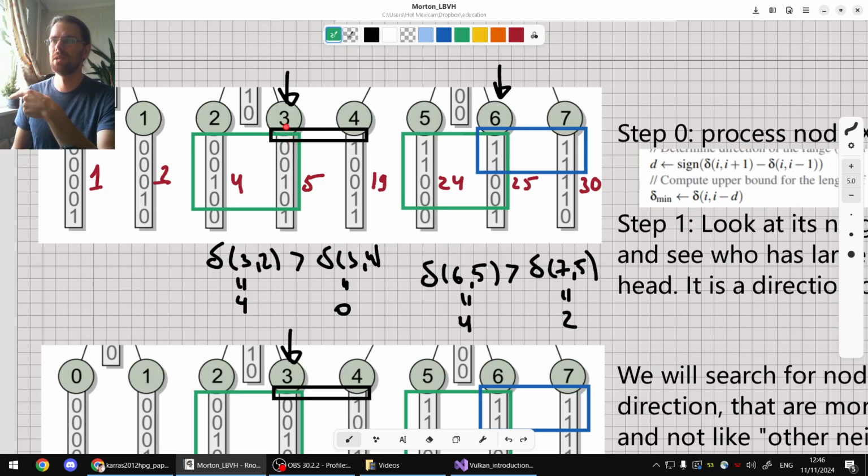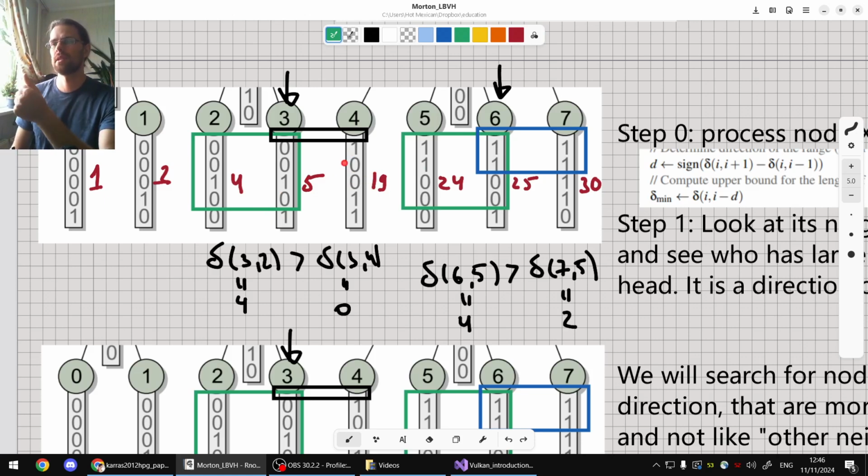So we see that between 2 and 3, they share 4 entries, and the neighboring one, they don't share anything. And if you view it in a number representation, of course 4 and 5 are close. They only differ by this 2 to the power 0 contribution, and we don't compare it with 19.